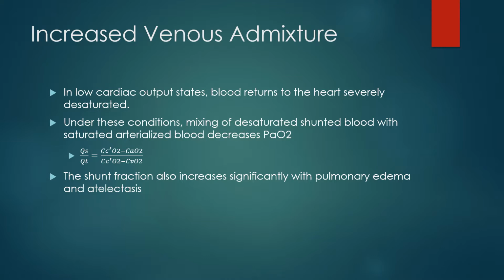So instead of being 75, 80% saturated, it's going to be 50% saturated. We also get more shunt fraction with conditions that impede alveolar oxygenation, like pulmonary edema and atelectasis. So mixing of this desaturated shunted blood with saturated arterialized blood decreases your PaO2, arterial O2, and causes hypoxemia.